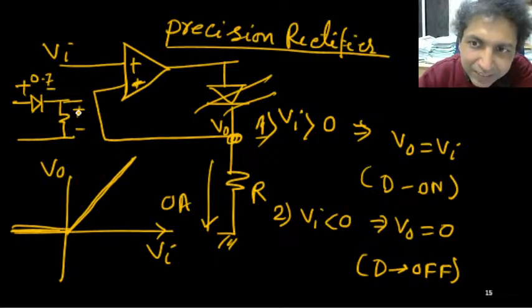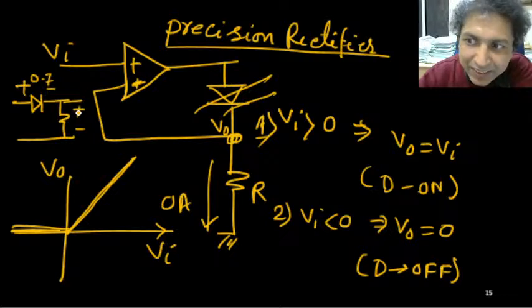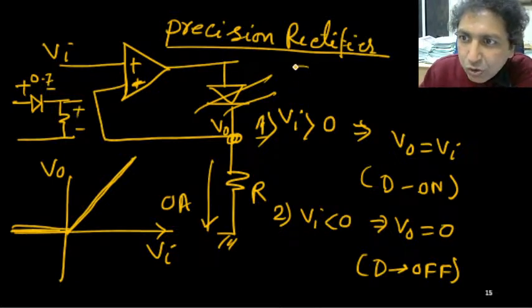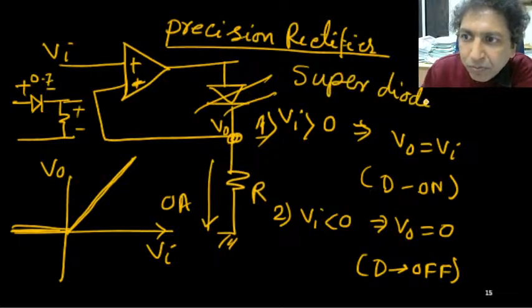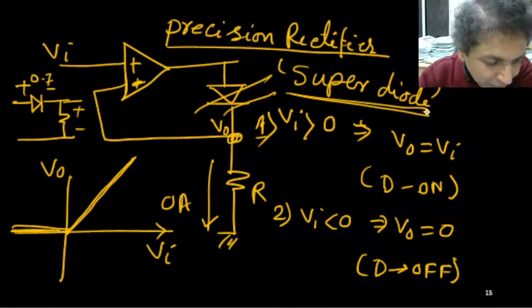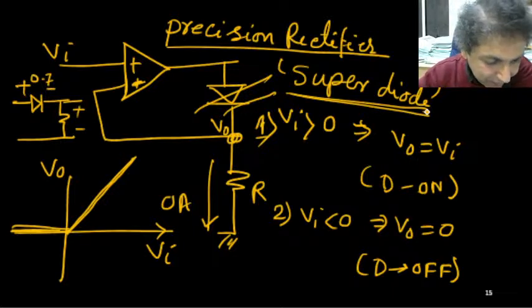So always you will get less than the input voltage while the diode is conducting, if I consider the diode a practical one. But in this case there is no loss. The output voltage is the same as Vi. That's how this diode is sometimes called a super diode. It is also called the super diode configuration. Any doubt please? Are you convinced?